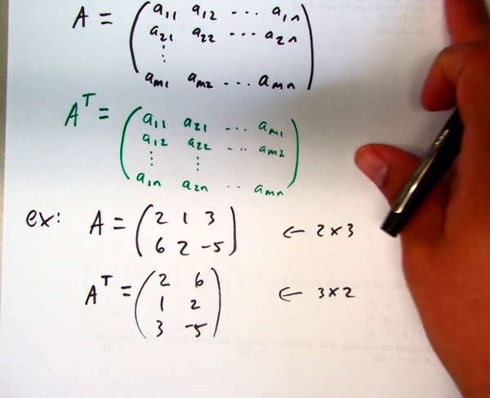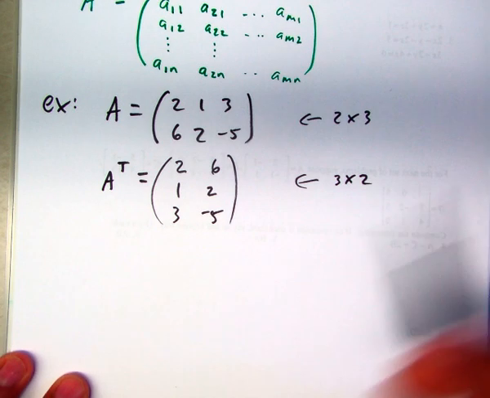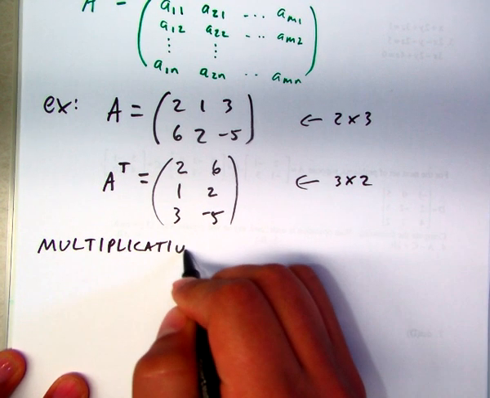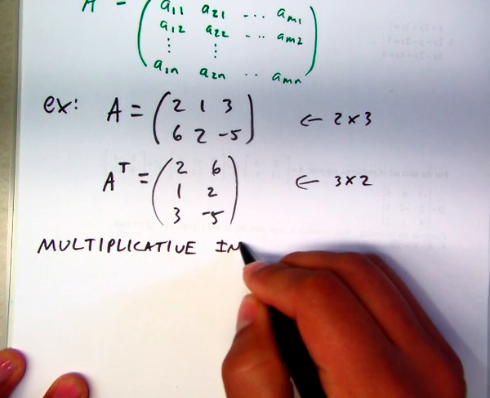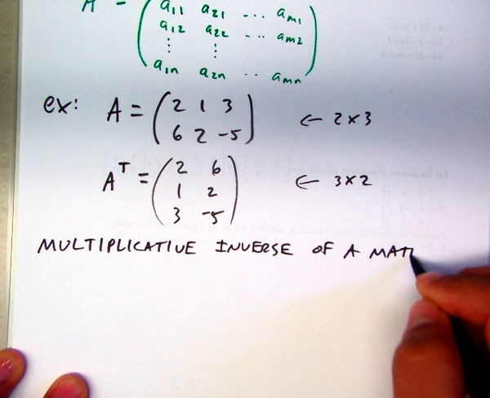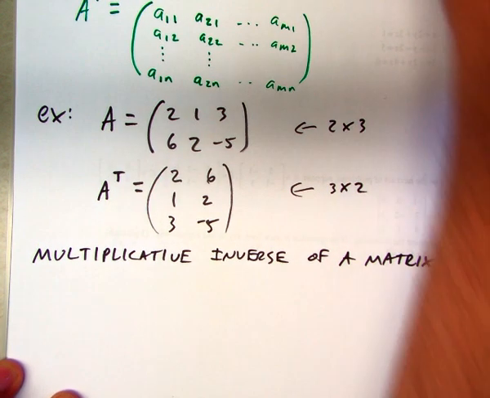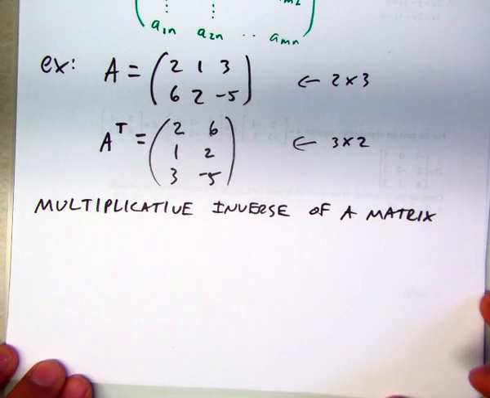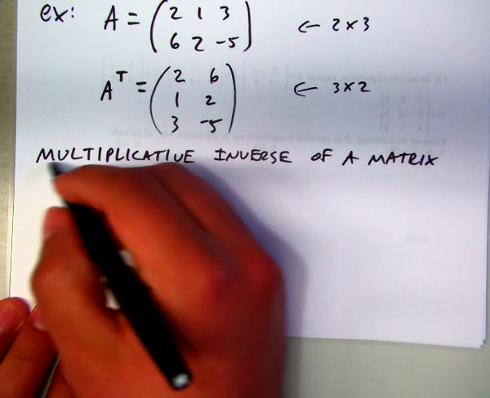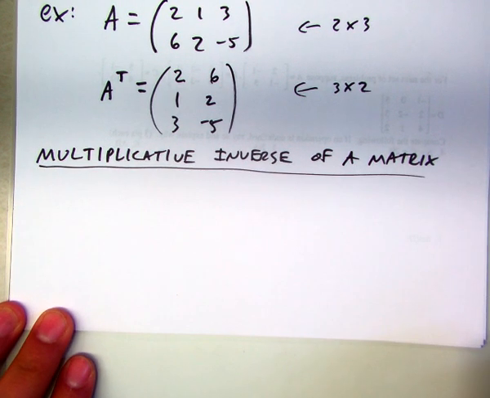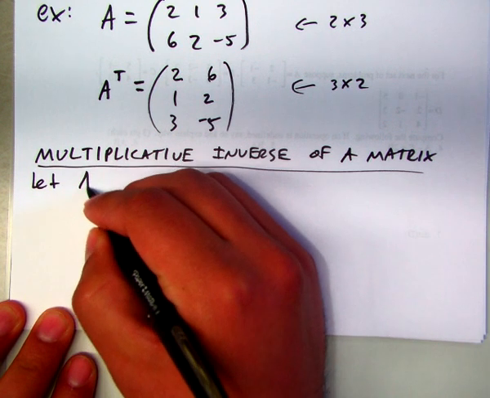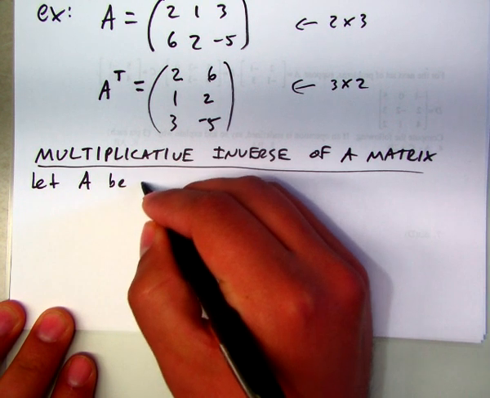This will be a big one for us. The multiplicative inverse of a matrix. So we're going to start by assuming that A is going to be n by n. So let A be an n by n matrix.